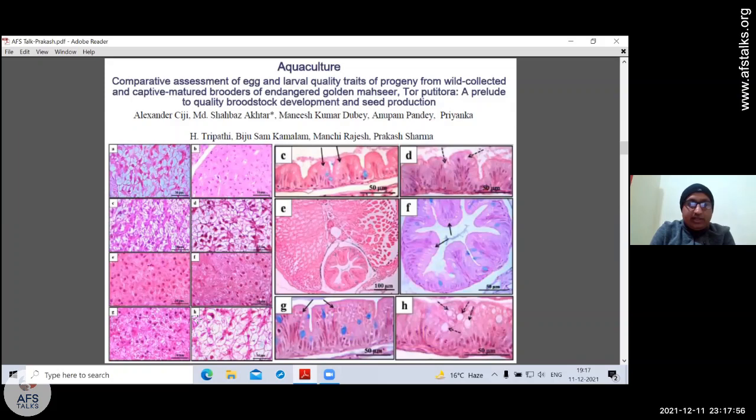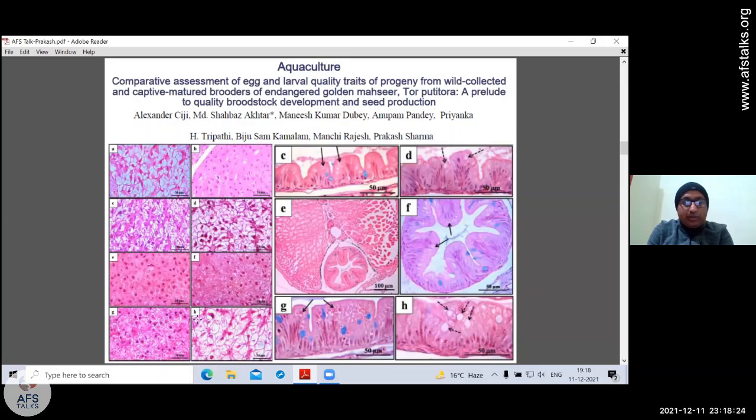So eventually I got an opportunity to work with another group of people. This was a comparison of the developmental ontogeny of the golden mahseer larvae from different families, like wild captured brooders, wild captured progeny of the wild captured brooders, and the captive reared brooders.